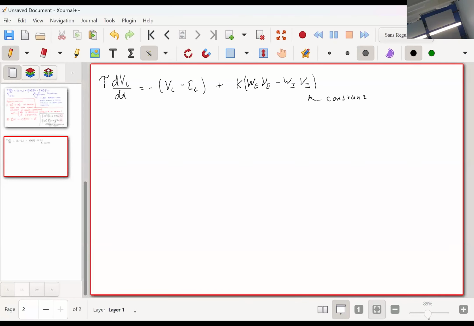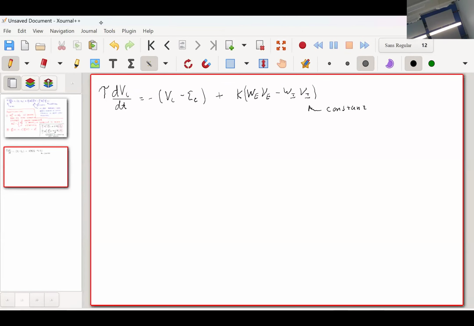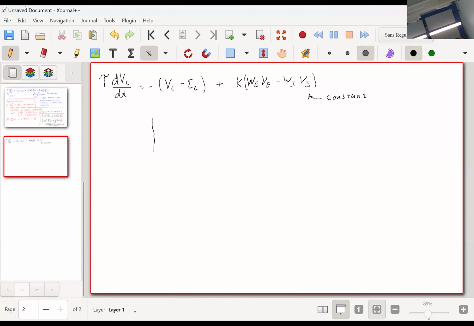Okay. So the picture we have, this is the rate of change of voltage. The picture we have looks something like this. So this is E leak, which remember is around minus 65 millivolts.